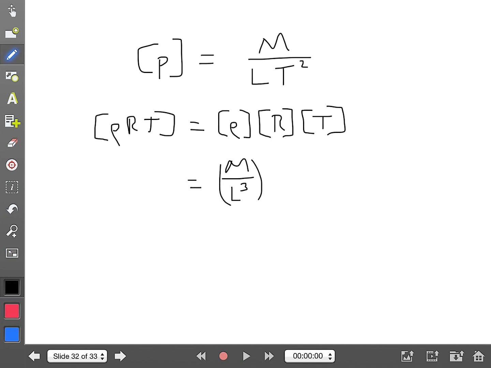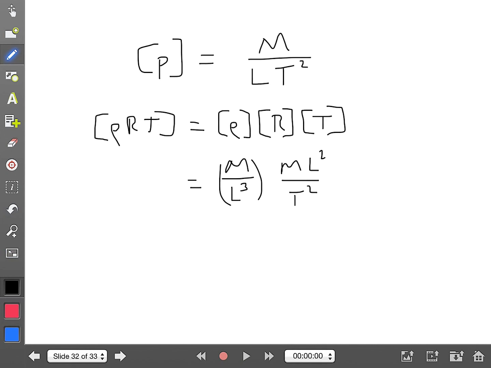R is a bit more complicated because it's basically a joule per kilogram Kelvin. And so a joule is a Newton, which is mass times length over time squared, times another length. So we'll just go length squared here.